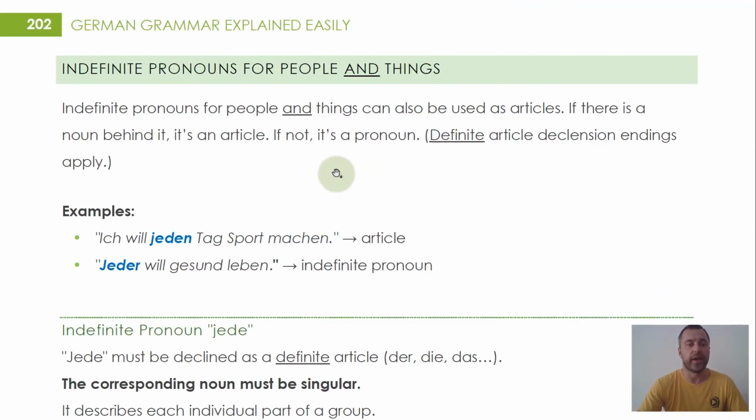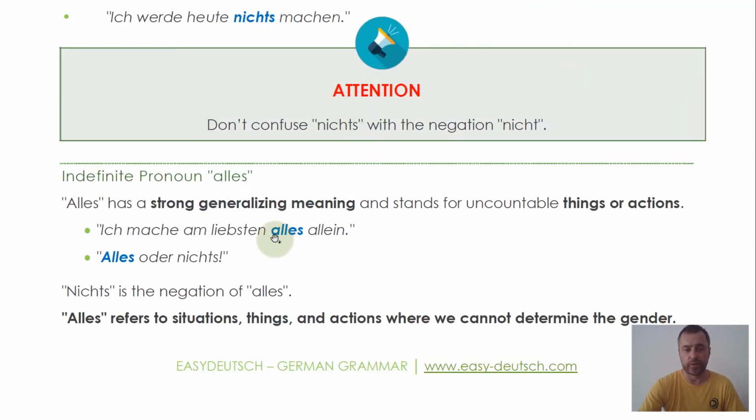We also have the indefinite pronoun alles. Alles has a strong generalizing meaning and stands for uncountable things or actions. So ich mache am liebsten alles allein. Alles oder nichts. So I prefer to do everything alone.